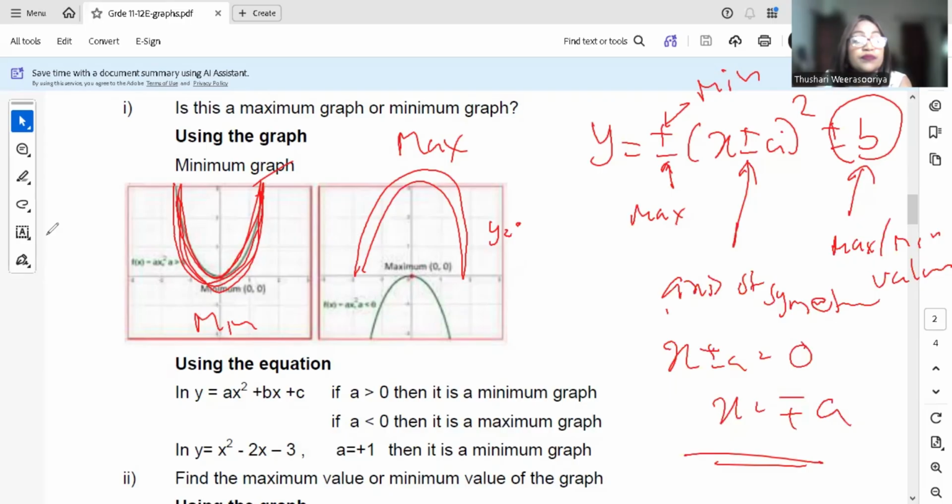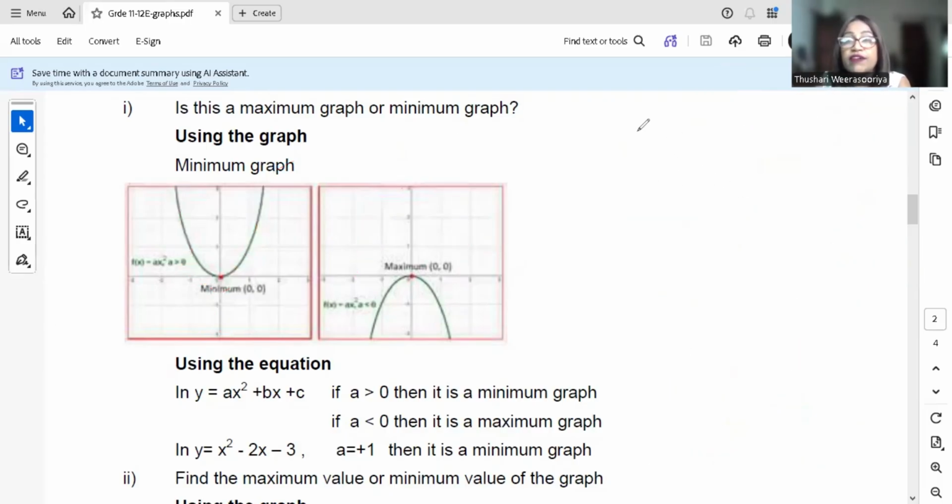According to our equation, y equals x squared minus 2x minus 3. Now you make this a perfect square.